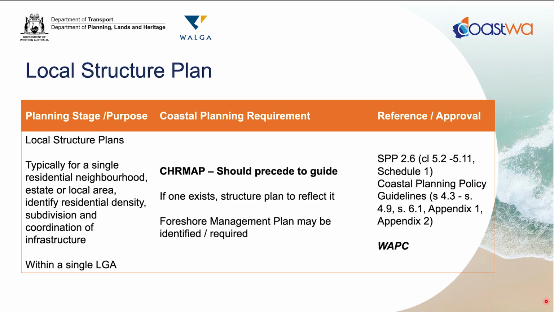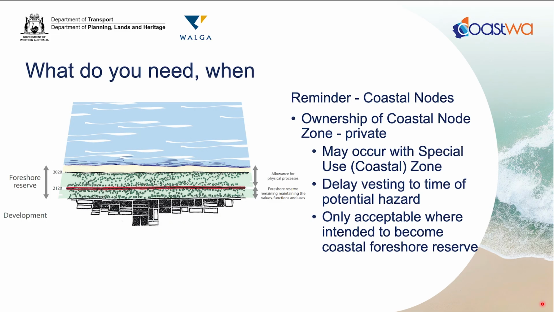Again, this is that figure that I showed before, but essentially a reminder that what we're talking about is maintaining coastal foreshore reserves. So the local structure plan should absolutely be able to identify what the foreshore reserve is and provide for where coastal nodes are included within that foreshore reserve.